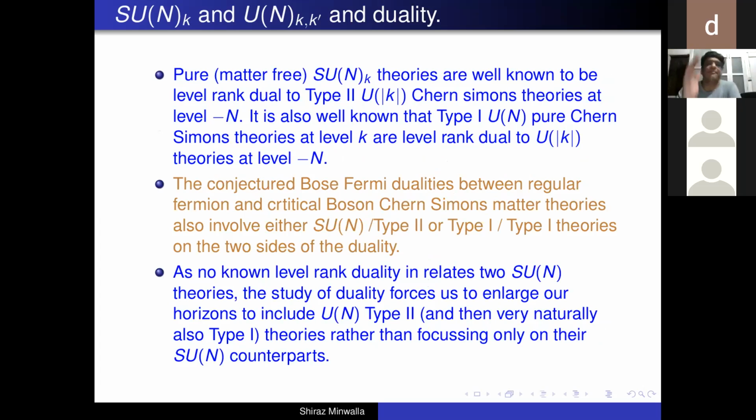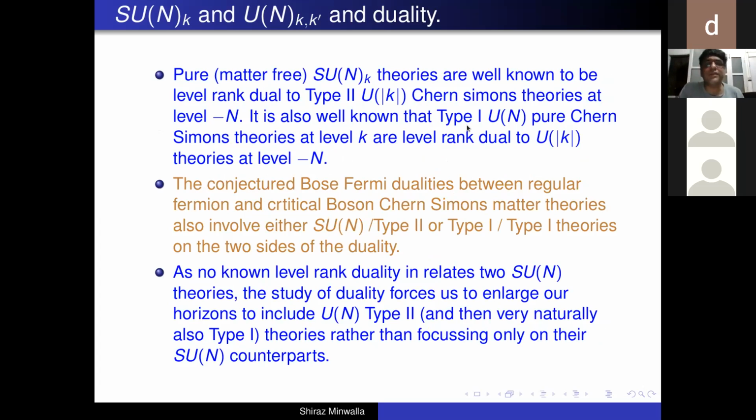Now, pure, that is matter-free, SUN theories are well known to be level-rank dual to type 2 UK Chern-Simons theories at level -n. So it's level-rank duality, but one that exchanges an SUN group with a UN group, which is type 2.